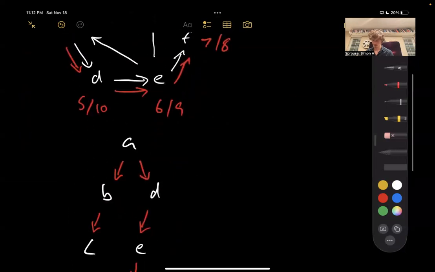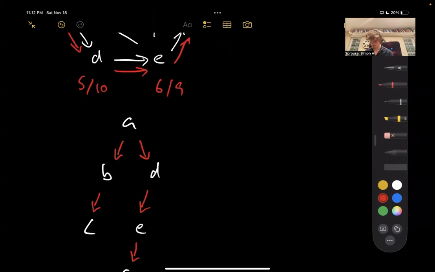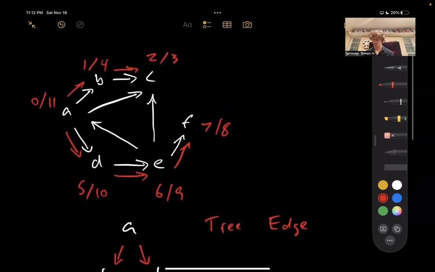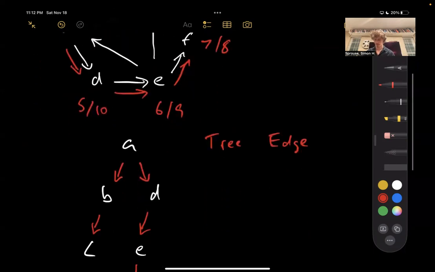So the first type of edge that we see is called the tree edge. You can think of the tree edge as marking discovery. This represents the order in which we saw the nodes and discovered them for the first time.